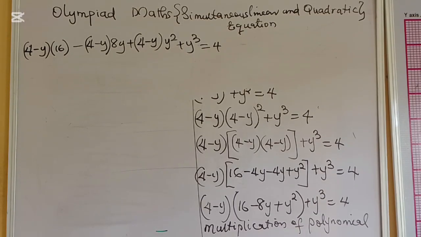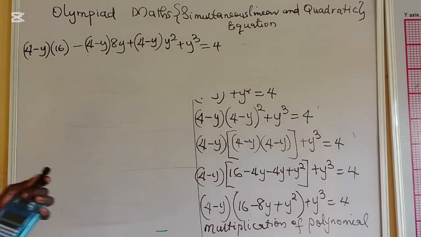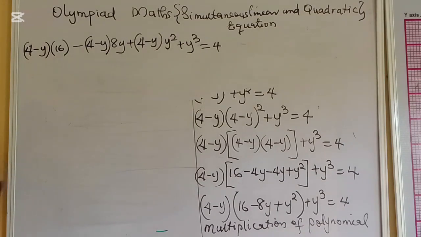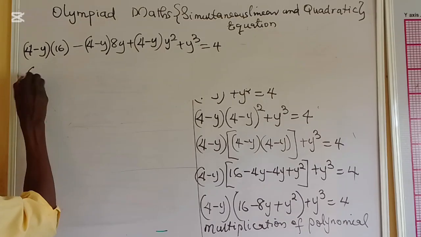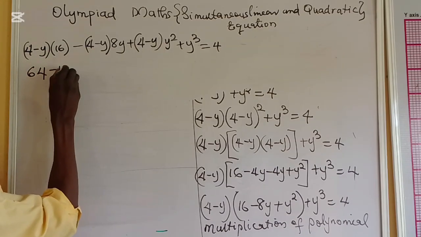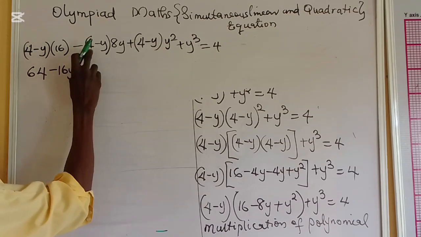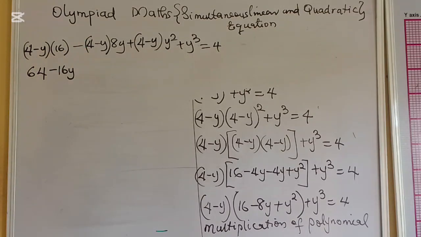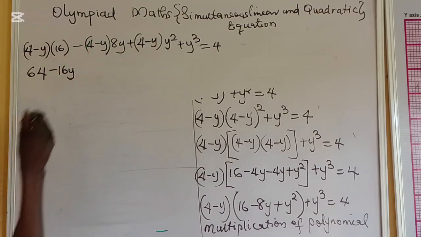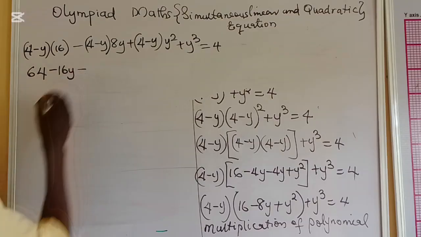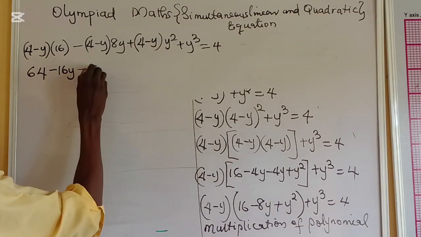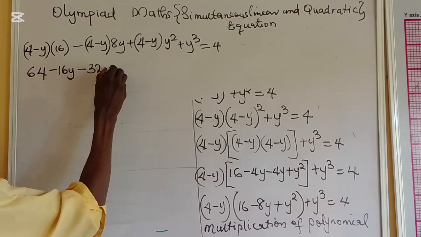What is now 4 times 16? 16 times 4 gives us 64. 16 times minus y gives us minus 16y. Minus 8y times 4 gives us minus 32y.